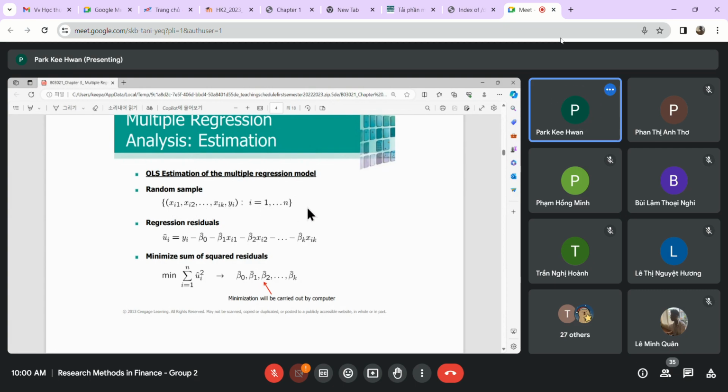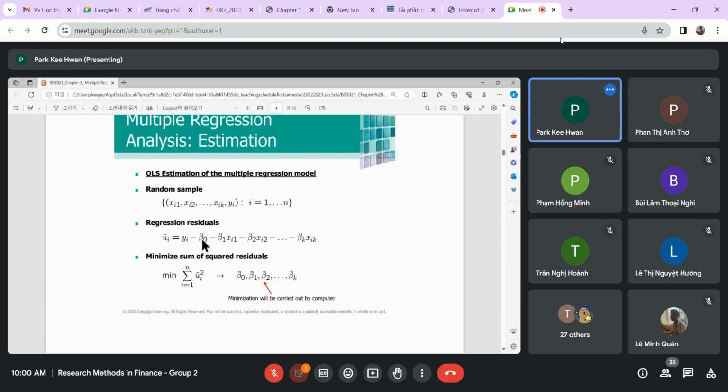All right, then suppose that you run the regression and estimate the parameters. Here you have the parameters, and on top of that you have the hat. So this is beta naught hat, and this is beta 1 hat, and this is beta 2 hat, and so on.